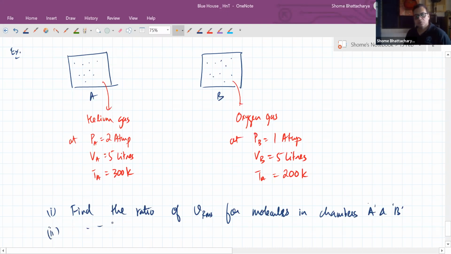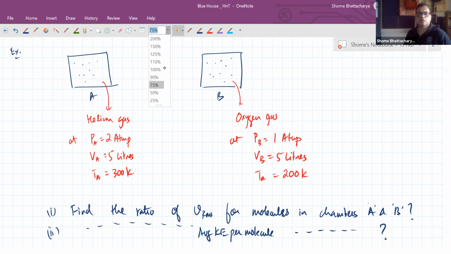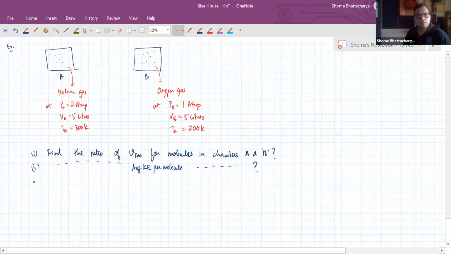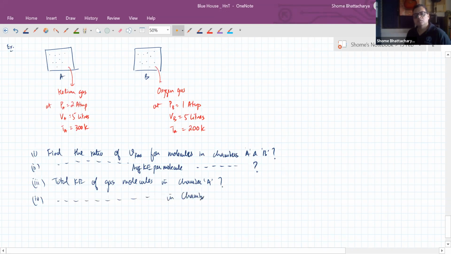So next we have to find the ratio of average kinetic energy per molecule in chambers A and B. And then we have to find the total kinetic energy of gas molecules in chamber A and the total kinetic energy of gas molecules in chamber B.